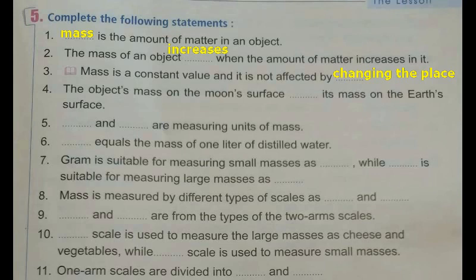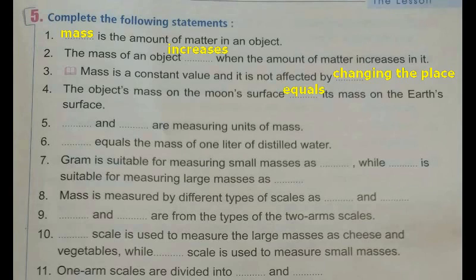The object's mass on the moon's surface equals its mass on the earth's surface. Since we're talking about mass, whether on the moon or on the earth, it equals its mass on the earth's surface.